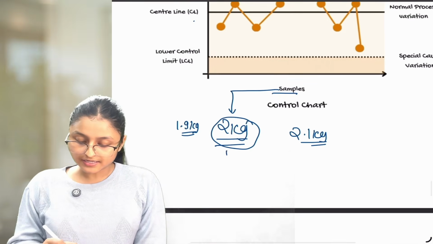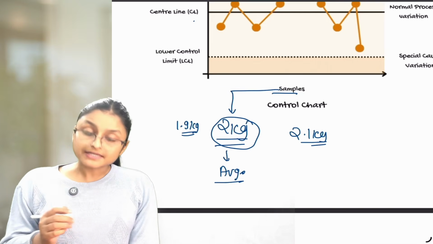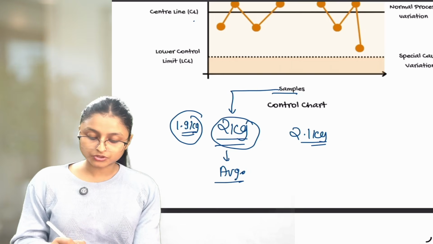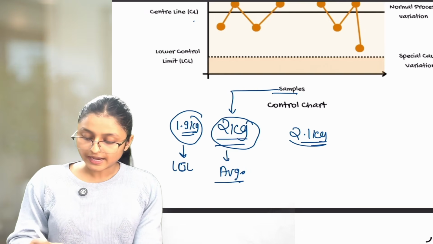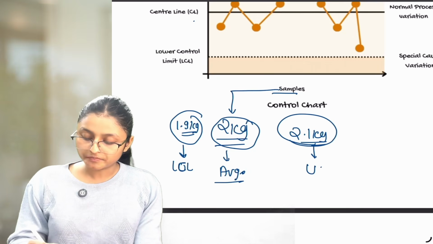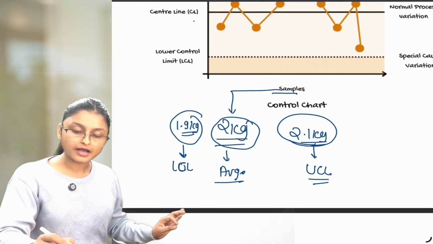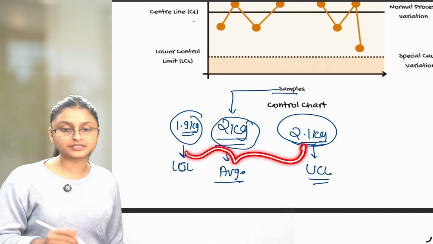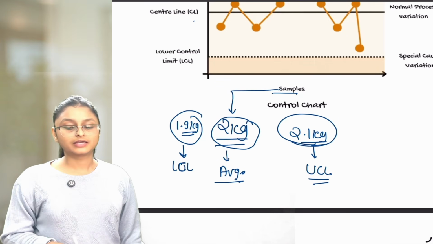This is the center line. This is our average, which we want for most of the product. But it can happen that the product goes to the lower control limit, and it can also go up to the upper control limit. Now we need to make sure that our product remains within these limits, not going above it and not going below it. Why?